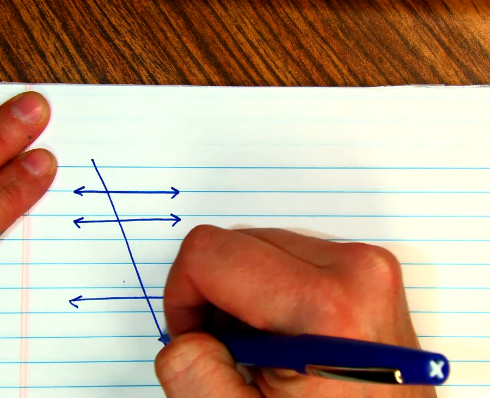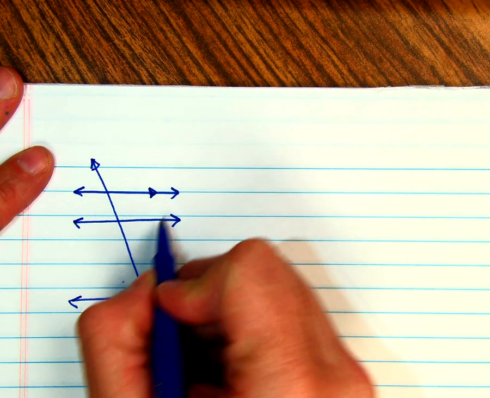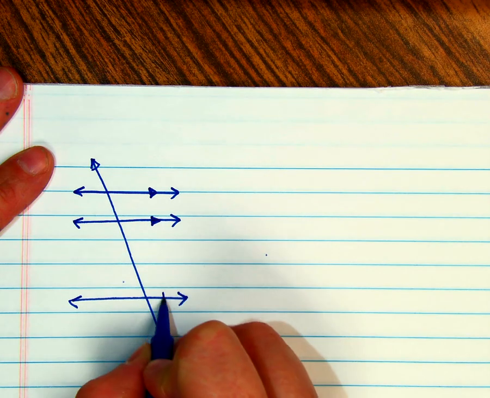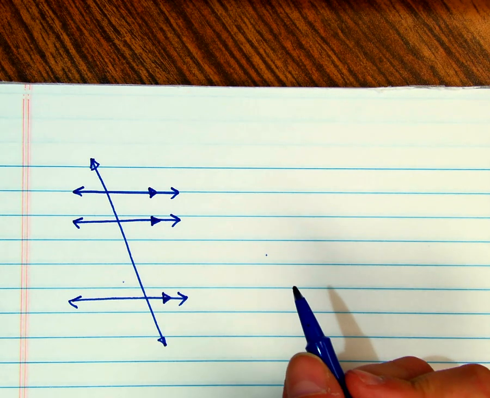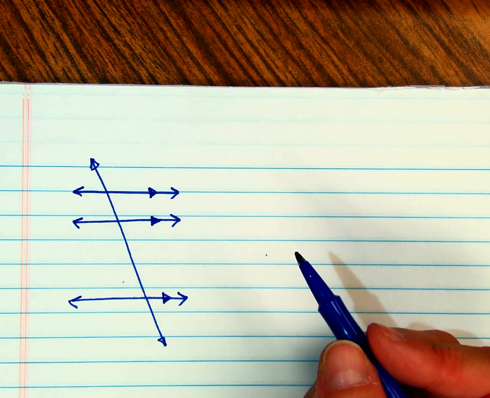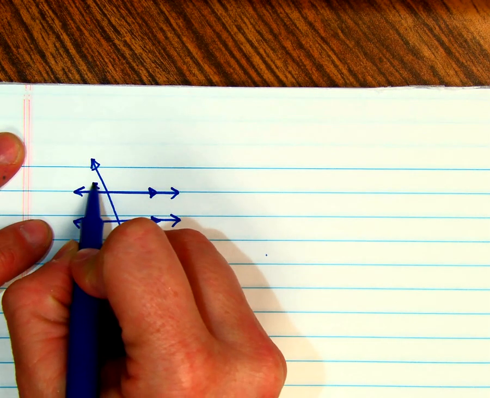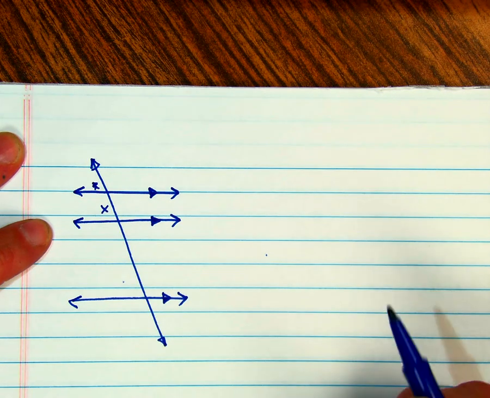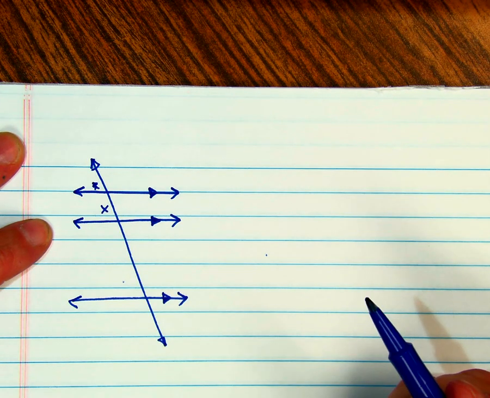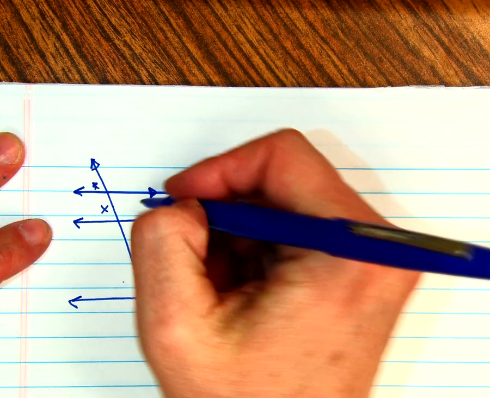If I have a transversal cutting through, and I know that these are parallel, it is going to divide them proportionally. So let's say this piece here is x, and I need another transversal in here.